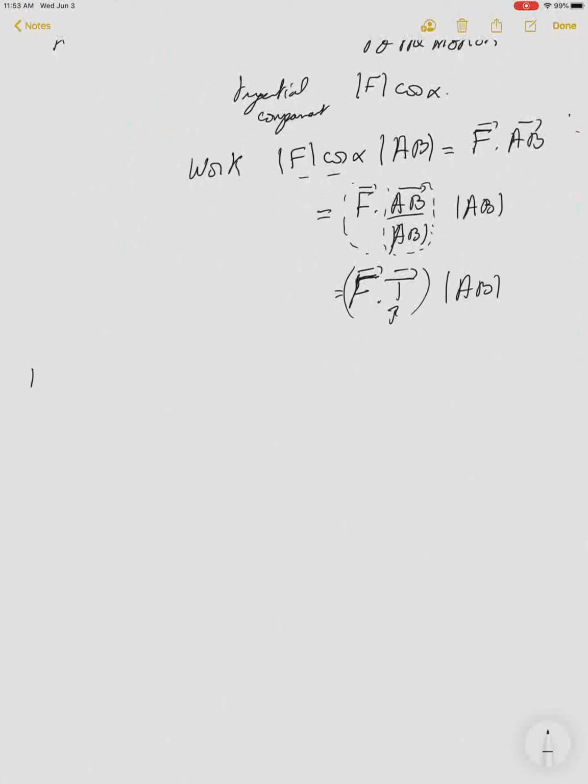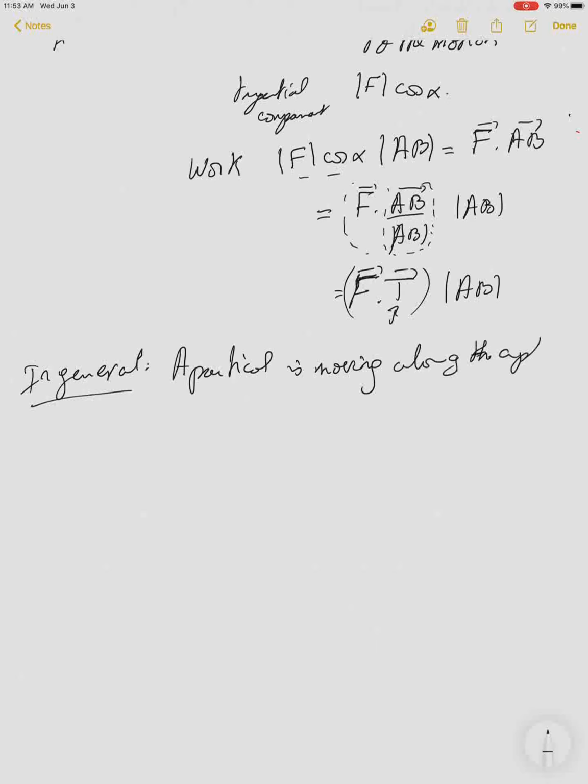Now let's generalize. In general, let's take the force: a particle is moving along a path C, and let F be a continuous vector field.